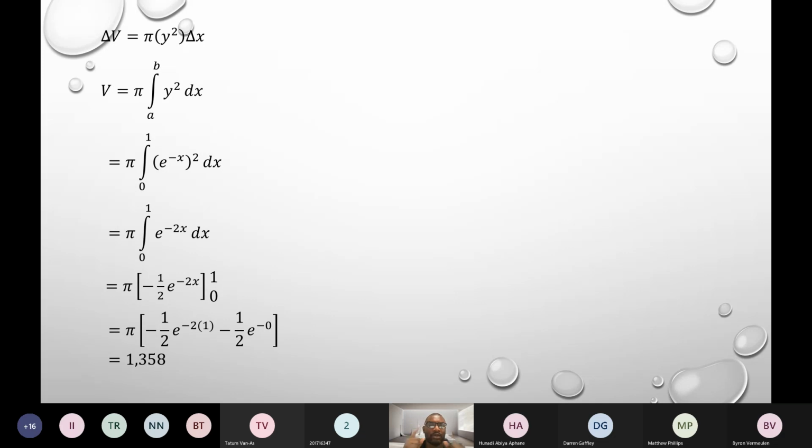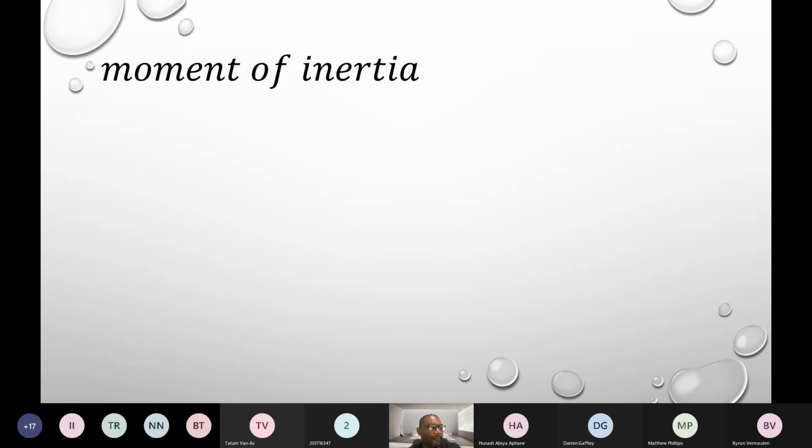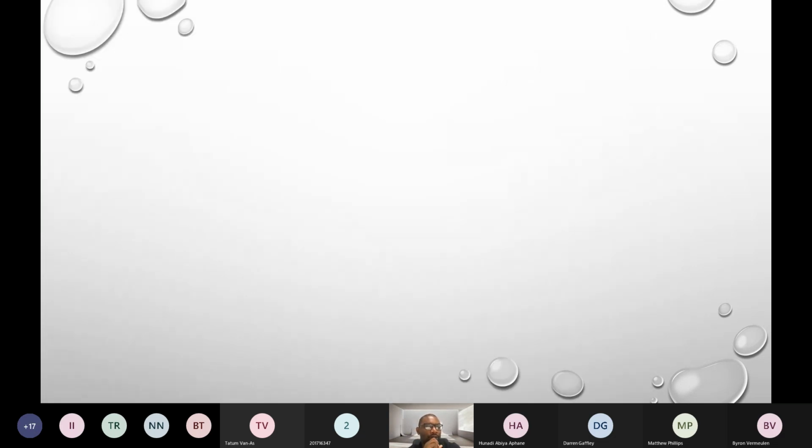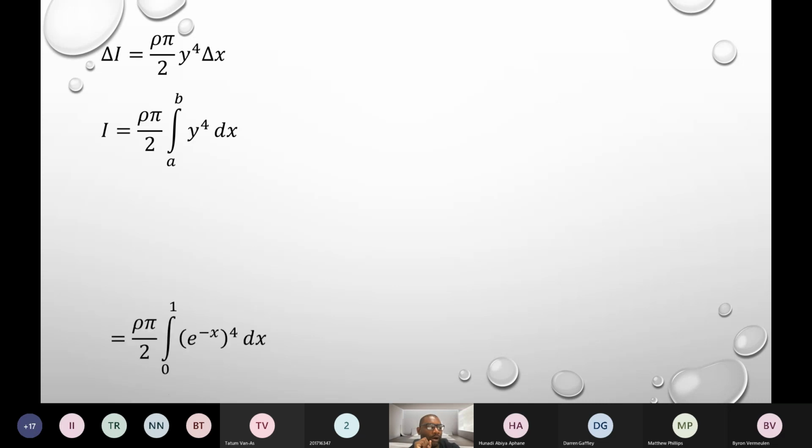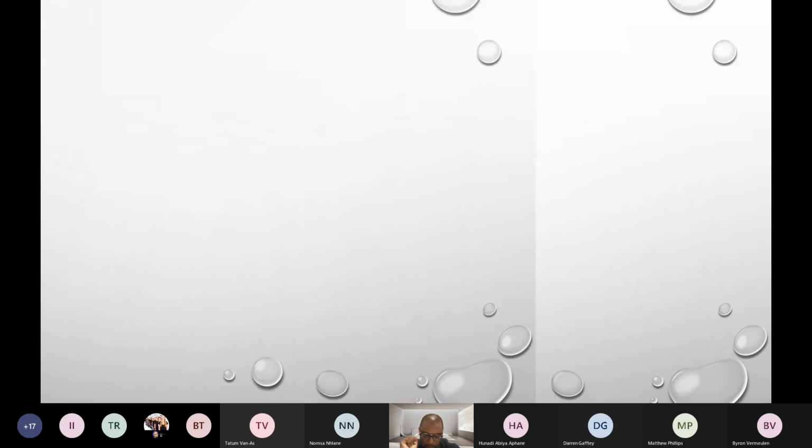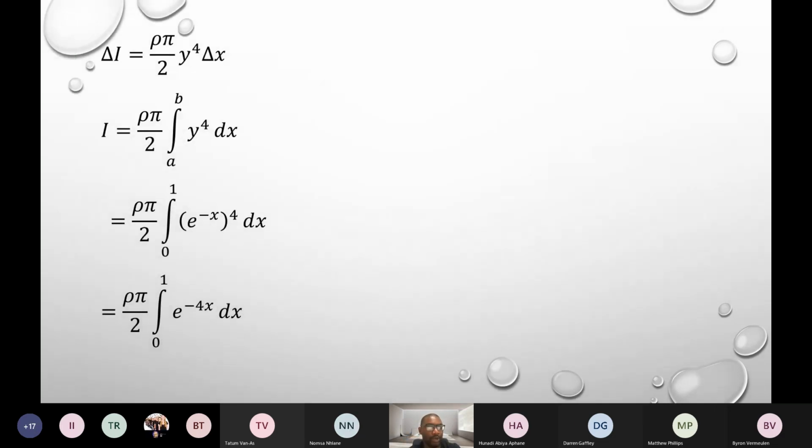Limits are in the x, rotating in the x, so that is the same. So this is volume. And then if you look for moment of inertia, this is how we start off with the moment of inertia.